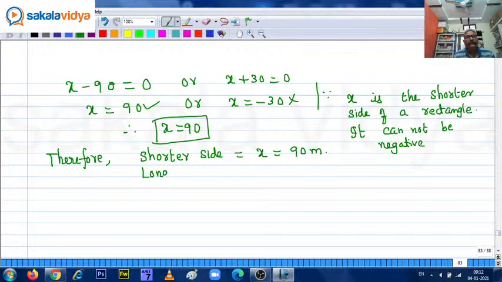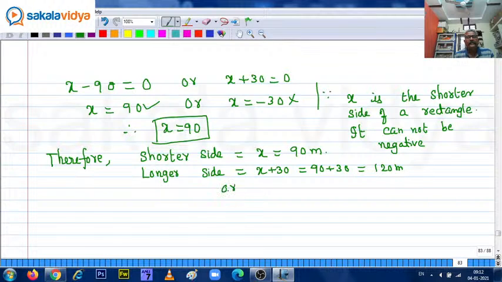So longer side means obviously length only. Longer side will be 30 meters more than shorter side. So that is x plus 30. That is 90 plus 30 equal to 120 meters.